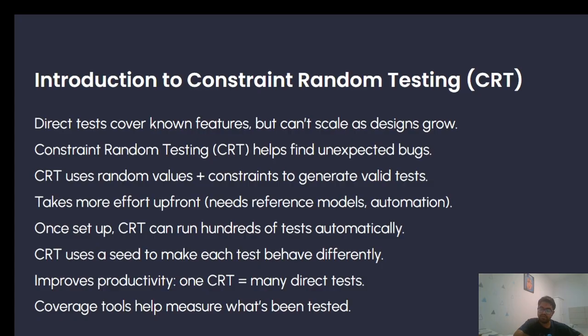CRT also uses a seed, like a starting number, to create different tests each time. This makes one CRT test as useful as many direct ones. Later we will learn about how to check what parts of the design were really tested using functional coverage.